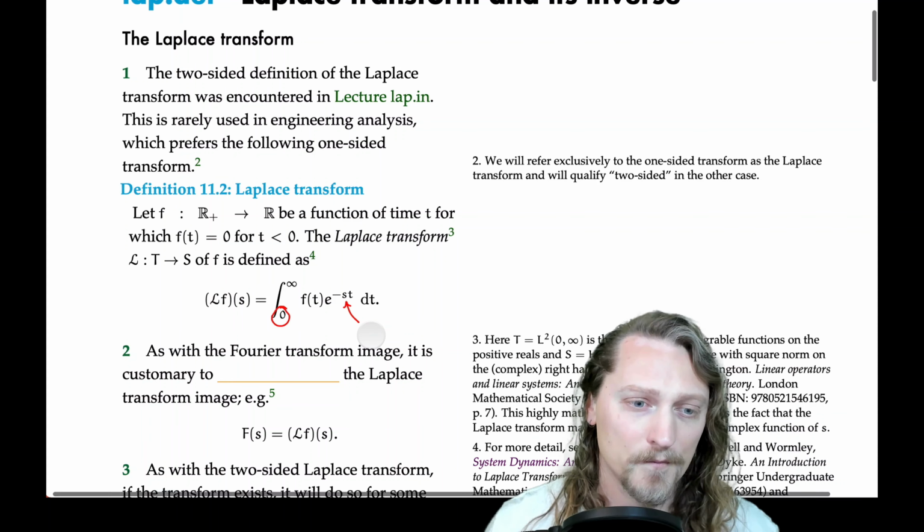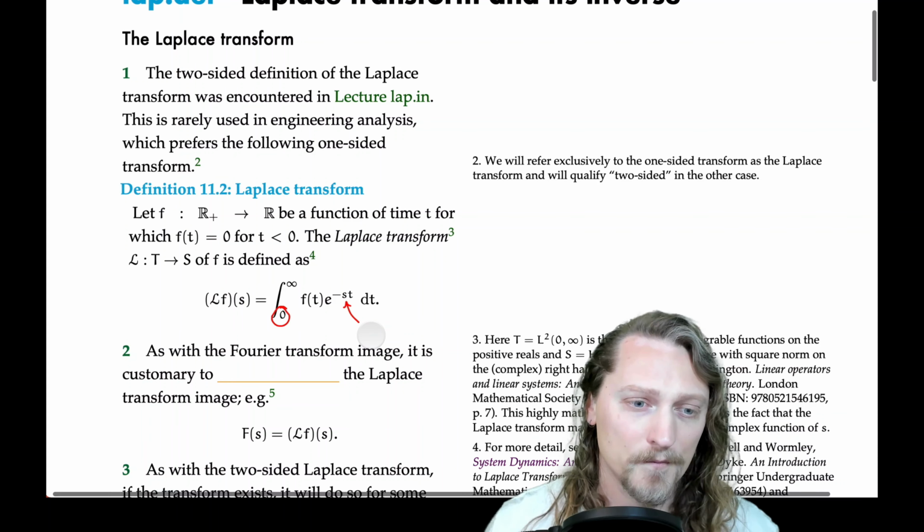Now, let's slow down for just a moment and reconsider what spaces the Laplace transform was mapping from and to. It's mapping from the space of real functions of time to the space of complex functions in the S-plane, okay?